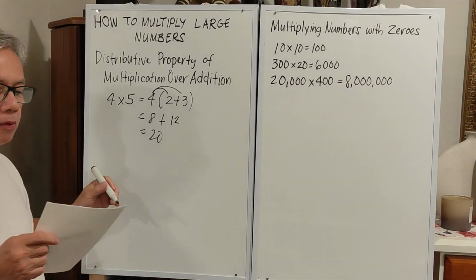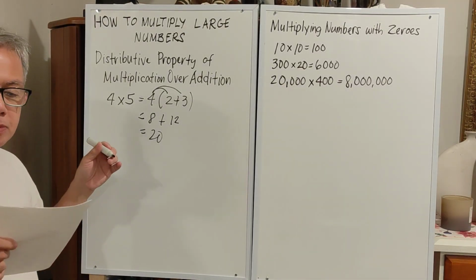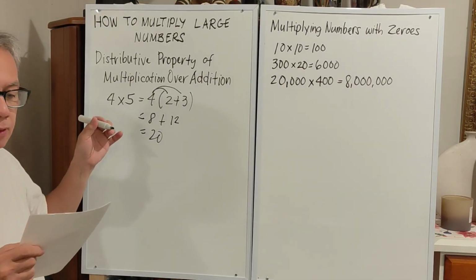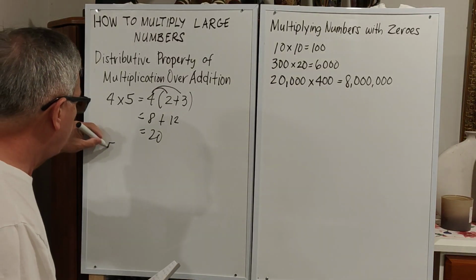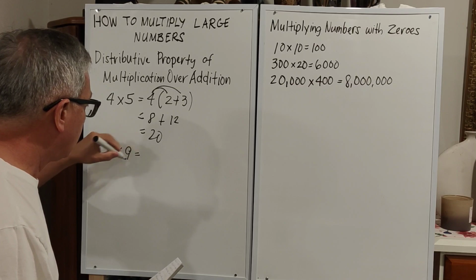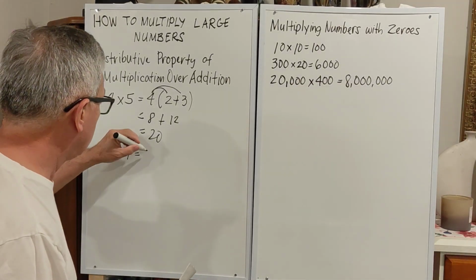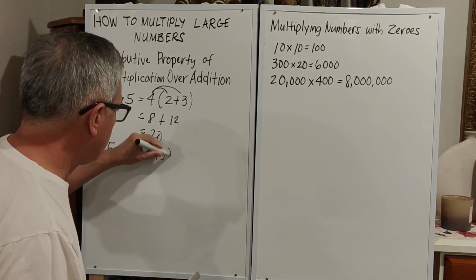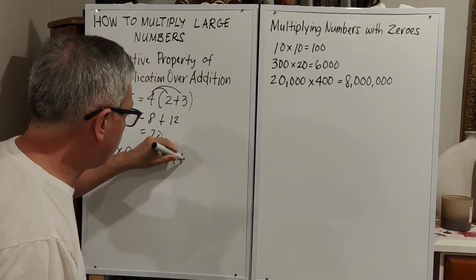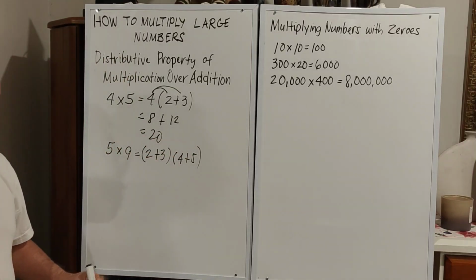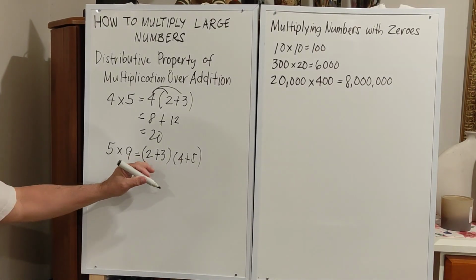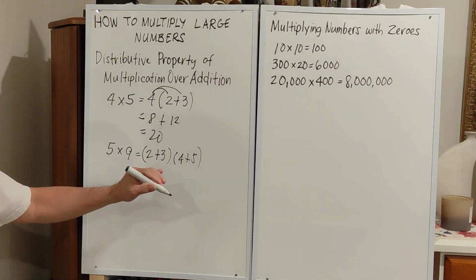And then another example, both factors can also be separated and multiplied individually and the answer will be the same. For example, 5 times 9 can be rewritten as (2 plus 3) times (4 plus 5). And then we can multiply each and every number of these numbers.